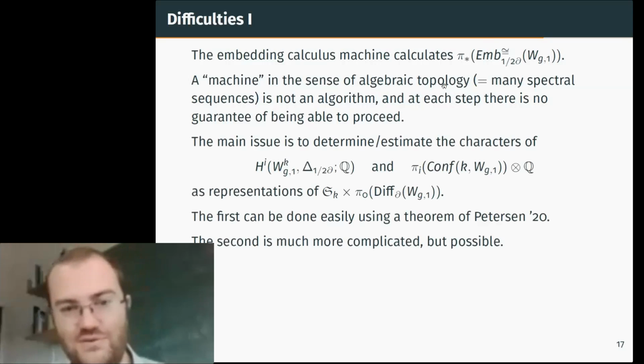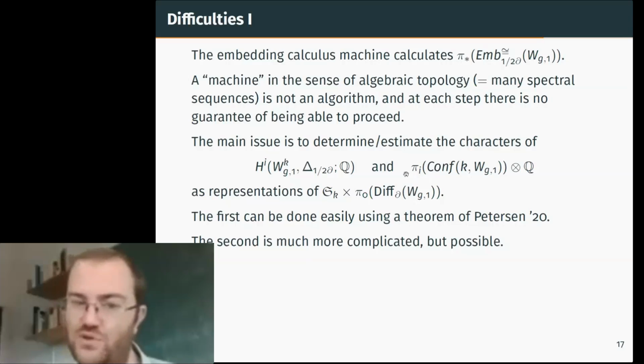So what it comes down to for us is we need to compute two things. We need to compute the cohomology of Cartesian products of these manifolds WG1 relative to a certain subspace. It's the diagonal plus a little bit of the boundary. And we have to compute homotopy groups, rationalized, of the space of configurations of k points in this manifold WG1. And configurations means ordered configurations.